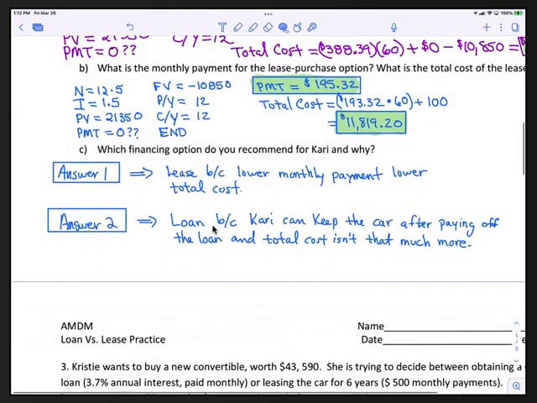However, with the lease, you're turning in the vehicle, so you no longer have a car at the end of the payments. So if you want to keep your car, then your answer might be answer number 2. You want to go with the loan because Kari can keep the car after paying off the loan, and the total cost isn't that much more. So either answer 1 or answer 2 is correct, depending on how you look at it.